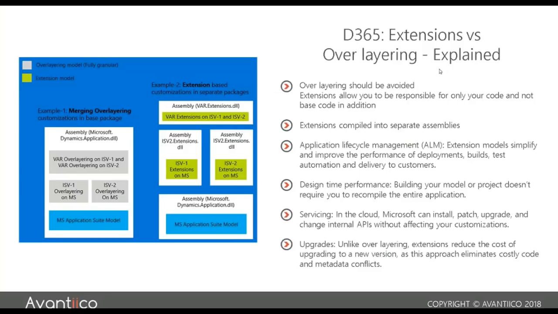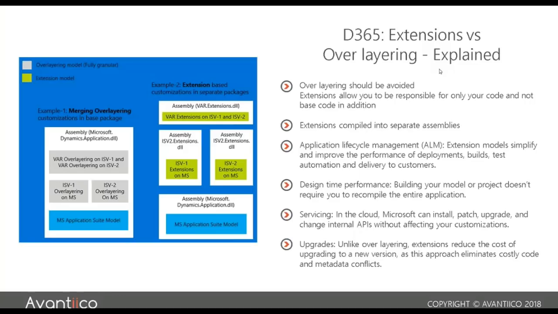The benefit is that Microsoft can continue their development and you can do your development side by side, unimpeded. So even if the standard logic changes and Microsoft applies an update, you won't be affected, because you've not overlaid that code, you've created a hook into it.